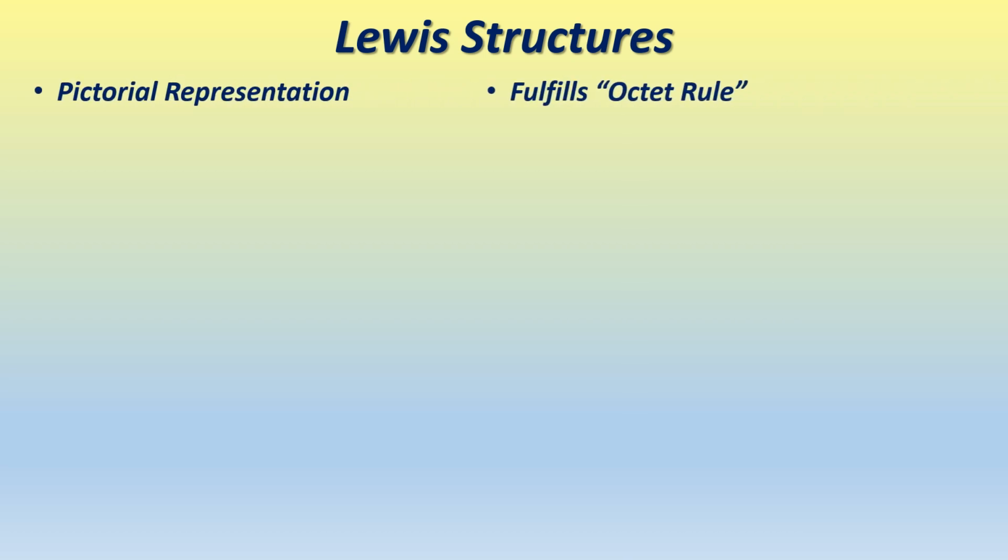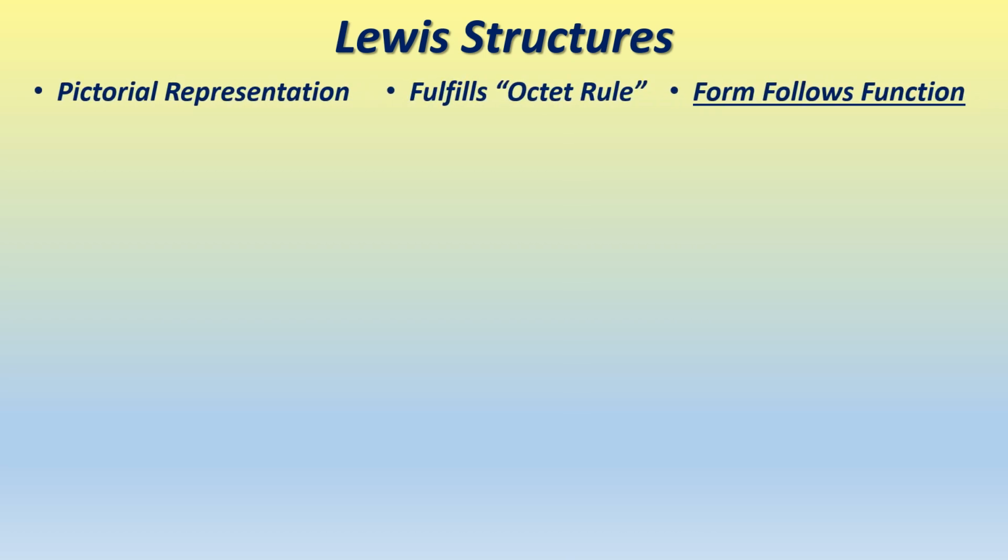Something called a Lewis structure is a very powerful tool in understanding how molecules are assembled and how they will behave. Essentially, a Lewis structure is a picture of the molecule. It's drawn in such a way that every atom present in that molecule fulfills the octet.